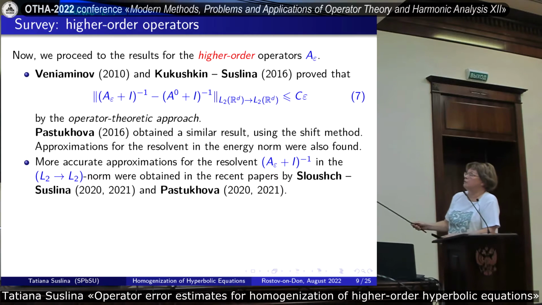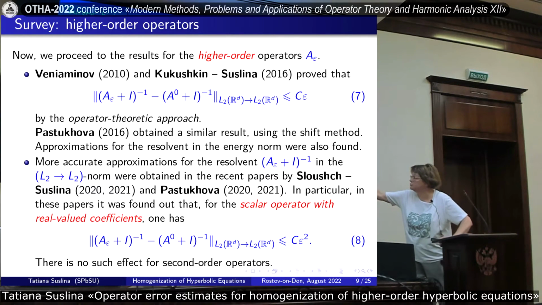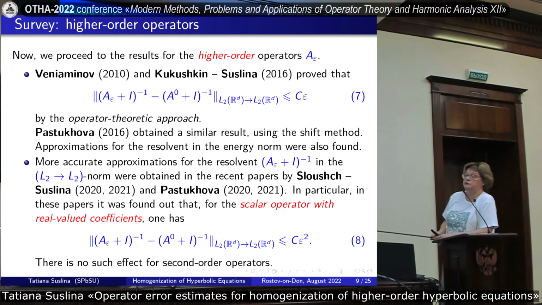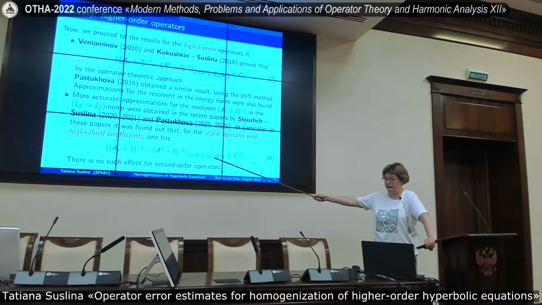And recently, more accurate approximations for the resolvent in the L2 operator norm were obtained independently by Vladimir Sloushch and myself, and by Svetlana Pastukhova, by different methods. In particular, in these papers, Sloushch, Suslina, and Pastukhova, it was found out that in the scalar real case, we have an improvement, estimate 8.